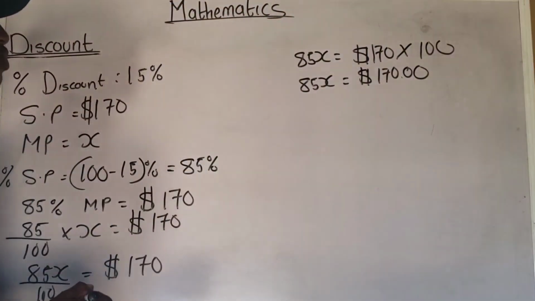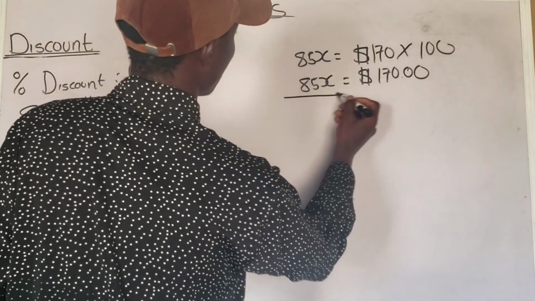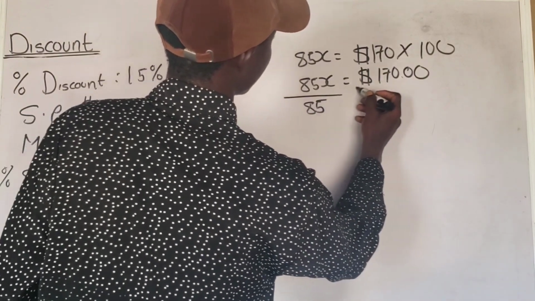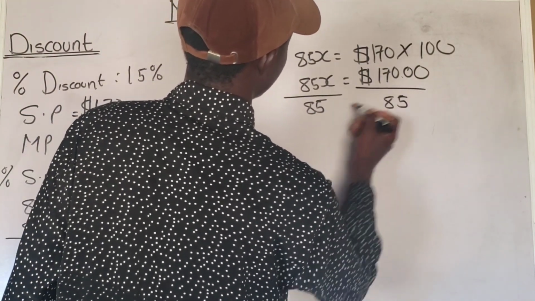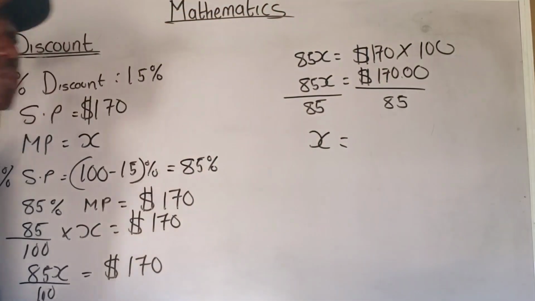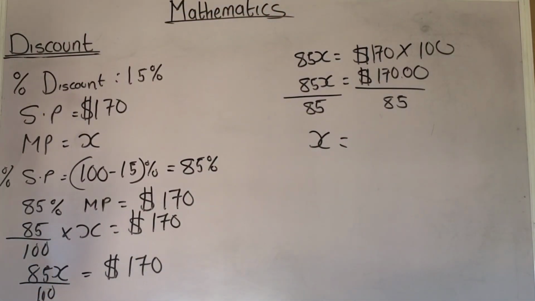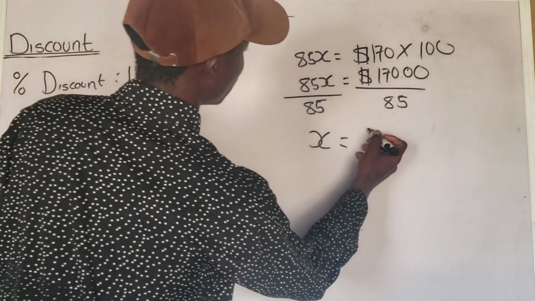You understand? So to get the marked price, I'm going to divide both sides by 85. So X will now be equal to $17,000 divided by 85. That will give us $200. So X is equal to $200.